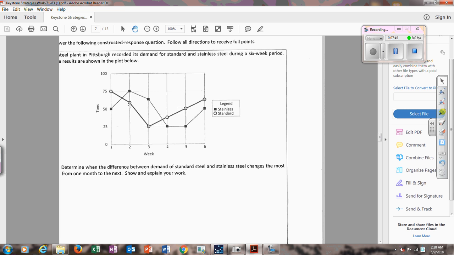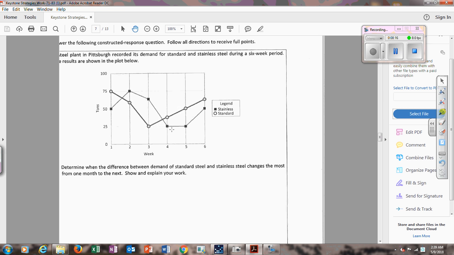So if it's going from 1 week to the next, if you're looking at the standard steel, just do like 60 minus 25 maybe, because that's the largest drop off between weeks 2 and 3. Then between weeks 3 and 4 is what it would be for the stainless steel.